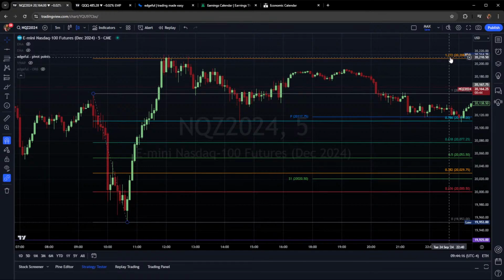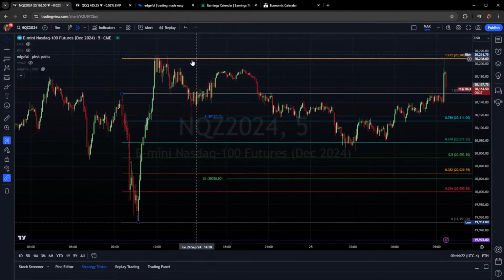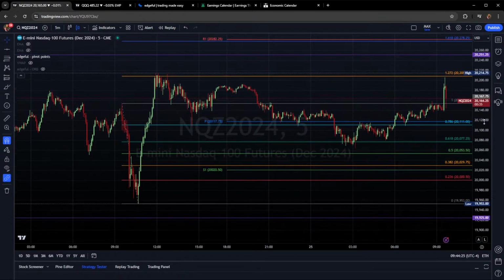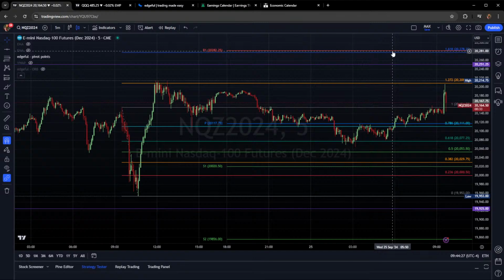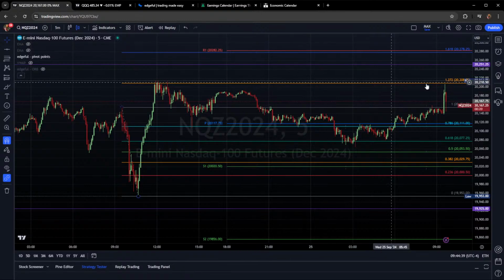If you don't have this 1.272 on there, make sure you add it on there. And of course, we rejected that. If we go higher, look where this is, my other target today. So if we break over this today, 250, and then this right here, 278 to 282, those are going to be upside targets. I'm actually going to leave this on my chart just because I want to see that.